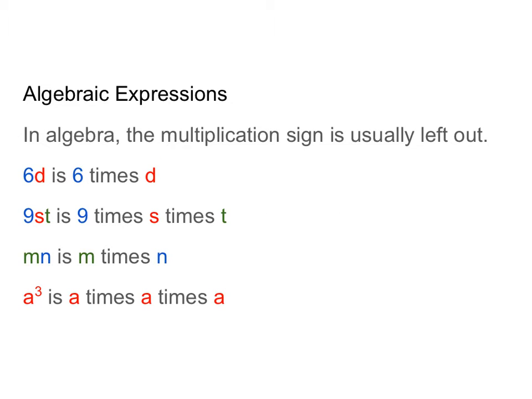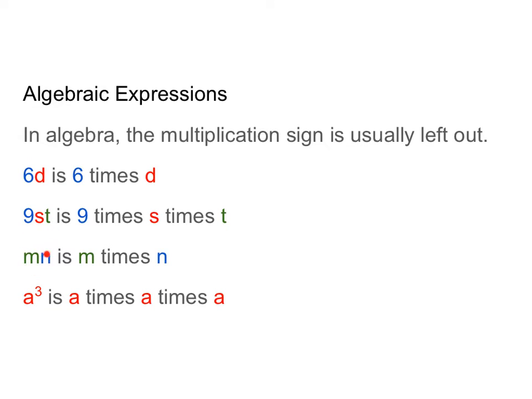Next, I'm going to refresh your memory about algebraic expressions. In algebra, the multiplication sign is usually left out. So if it says 6d, a 6 and then a variable right next to each other, that means 6 times d. If it has 9st, the s and t are variables, right? So this means 9 times s times t.